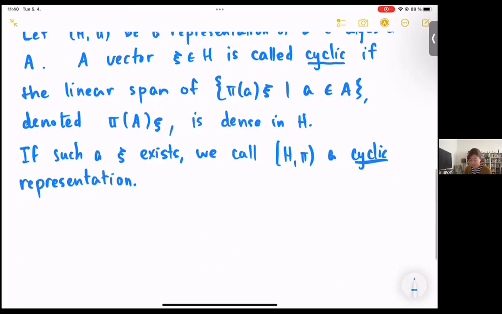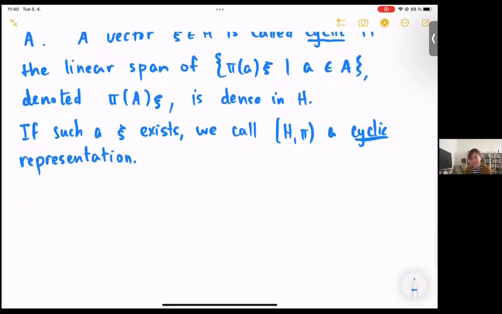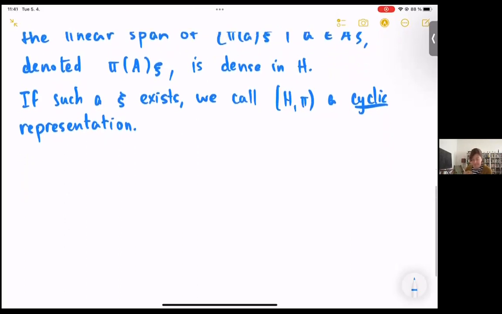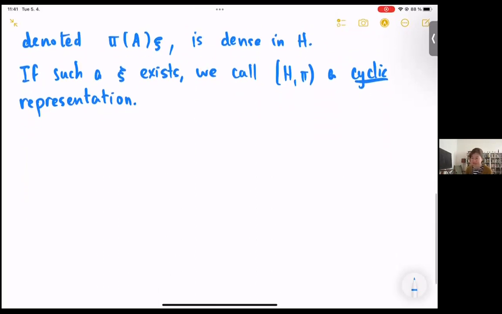Okay, so the obvious question one might have is: will the representations we get from the GNS construction, so built from a state or a positive linear functional, be cyclic? And indeed they are. So we have the following theorem.